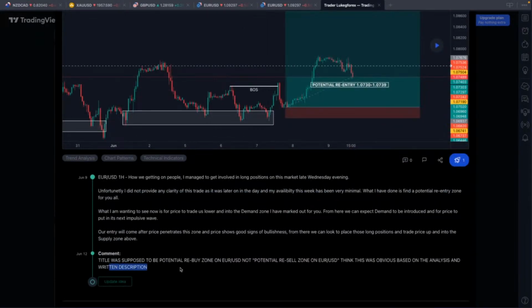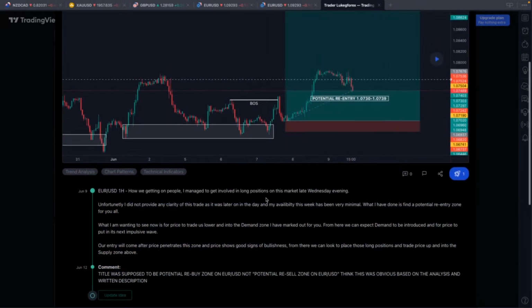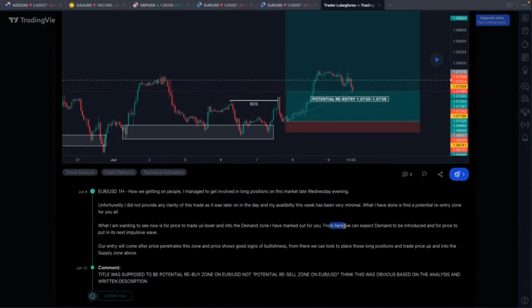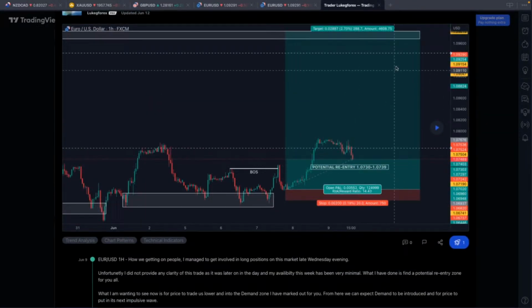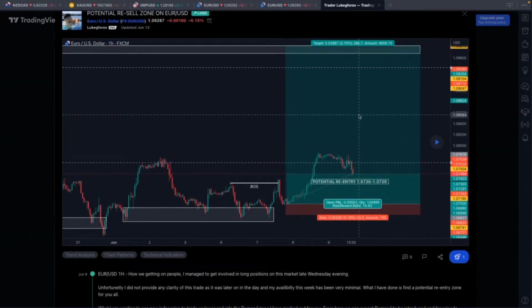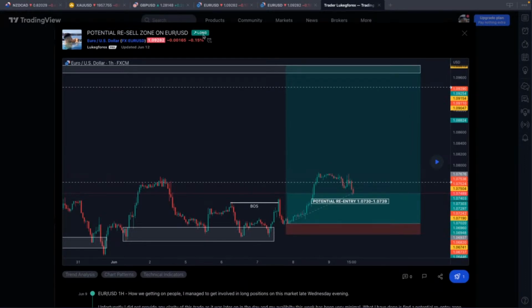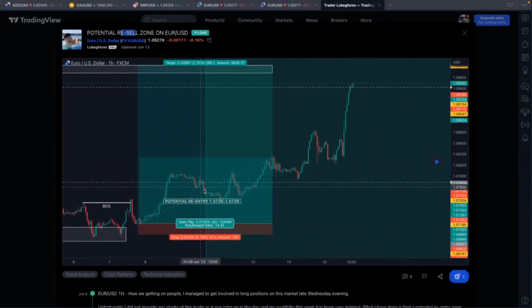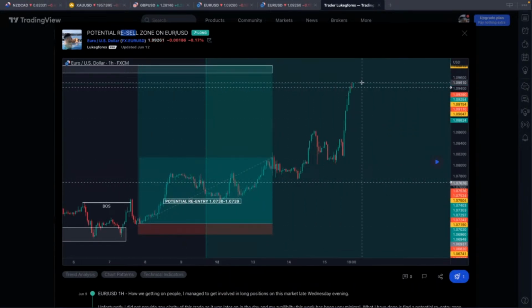Obviously, I've said here that I've corrected that. It wasn't a resell. From here we can expect demand to be introduced and for price to put in that next impulsive wave. So you can see that I'm wanting price to go down, then trade up and higher in this market. And you can see that I've tagged a long position. That was just a typo there. But you can see how price tapped in and traded us all the way up.